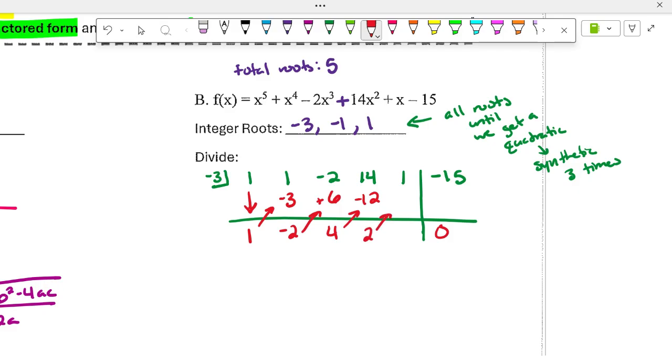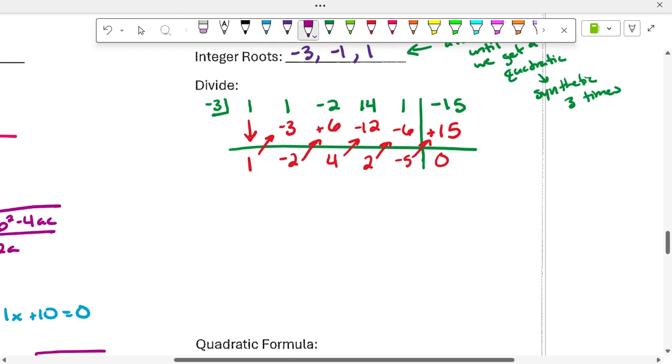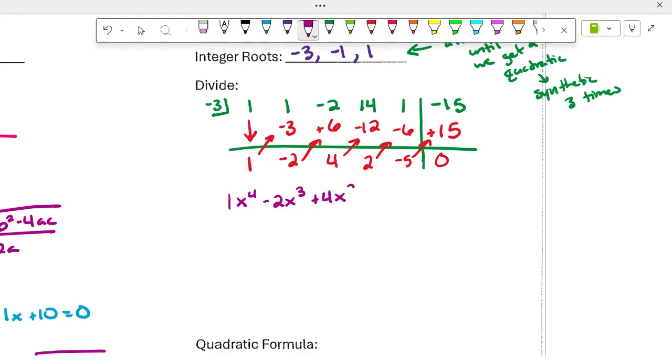Right? -3 times 2? -6. So that'd be -5. -5 times -3? 15. Add those together, 0. So what would be my first exponent for this round? 4. So this will be x to the 4th, minus 2x cubed plus 4x squared plus 2x minus 5.